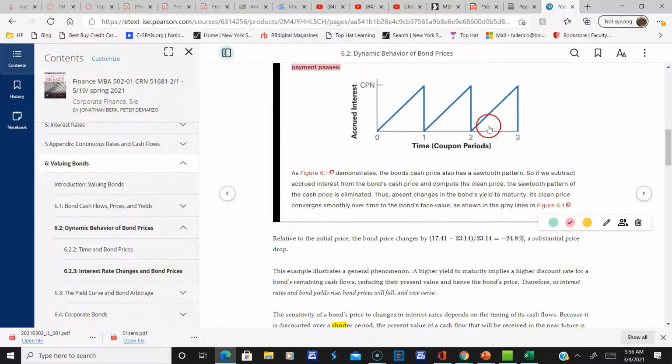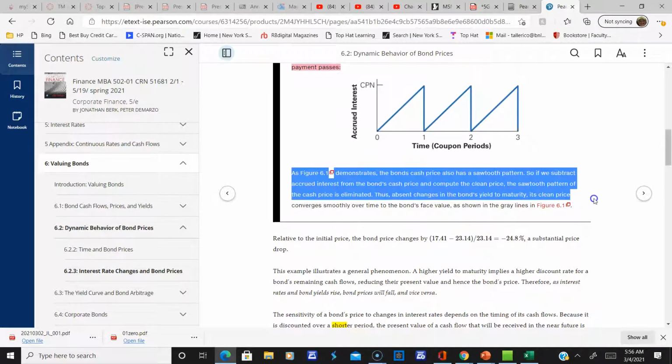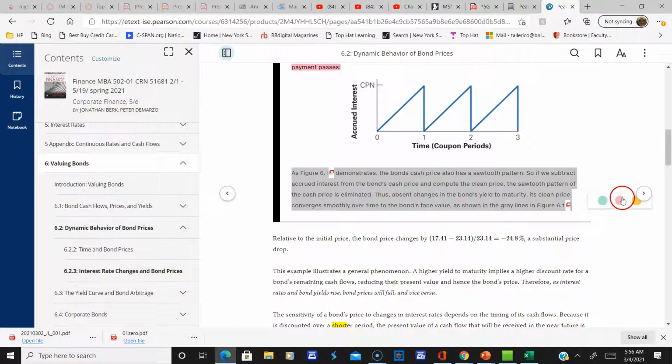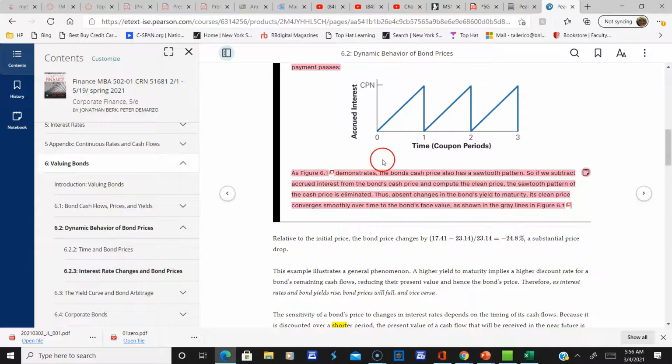So you can see this is being caused by the coupons accruing. That's what this is all about here. This statement is basically letting you know why it's becoming a sawtooth, and it's the effect of the accrual of the coupons.